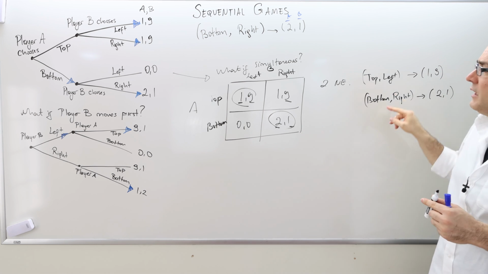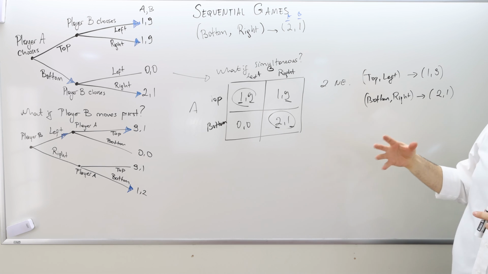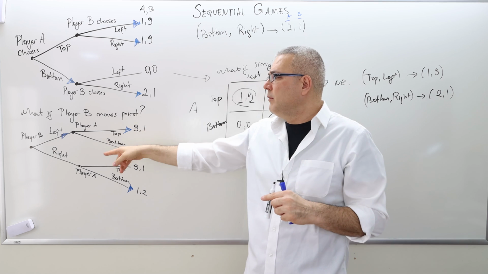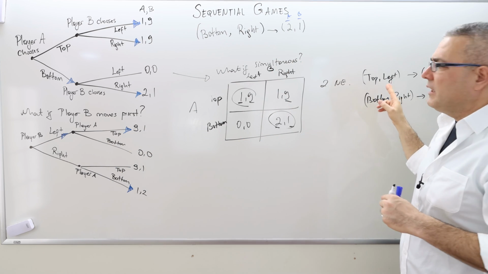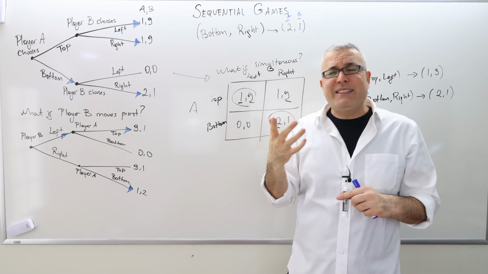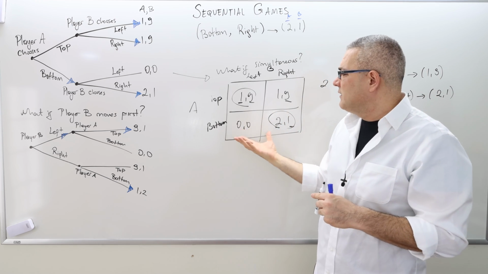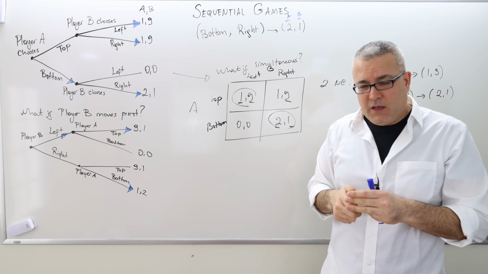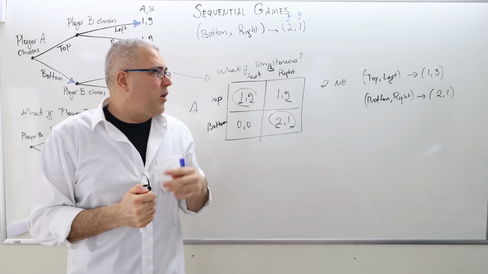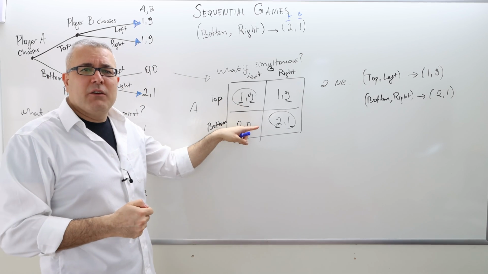All right, as you see, we do capture what happens if player B moves first. We actually get that as a Nash equilibrium, which makes sense, right? It's because in the simultaneous move game, you don't observe your opponent's actions. So both of those are regret-free outcomes.